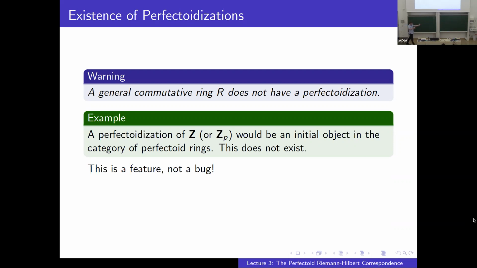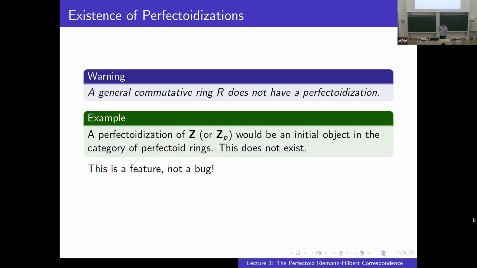And then we did a bunch of things with it. But for more or less everything I said, there would have been no harm in replacing R by its perfection. Replacing R by its perfection doesn't change the category of étale sheaves. It doesn't change the category of perfect Frobenius modules. Doesn't change the constructions that I was describing.